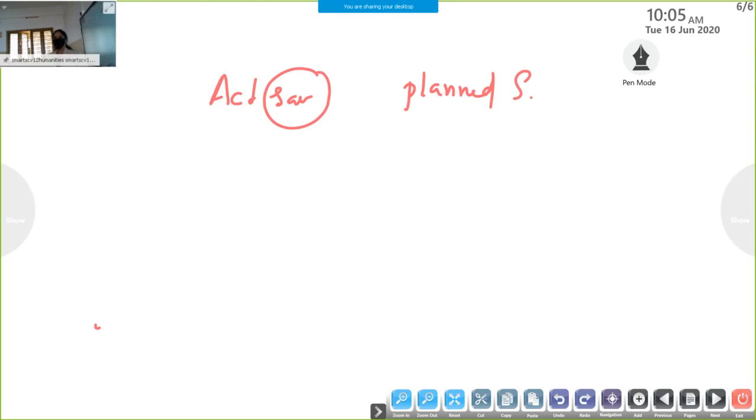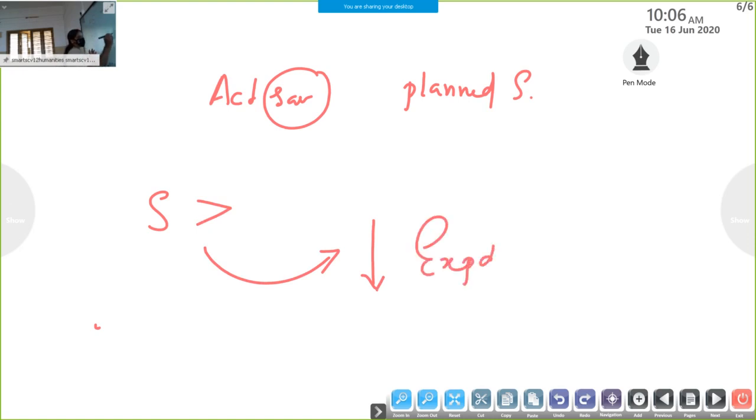If they are not ready to spend more, that means they are going to save. Understood? If they are ready to spend more, it means saving is less. So when saving is more from the household sector, they are reducing their expenditure, right? This logic is there. If consumers reduce their expenditure, that means they are ready to save more.